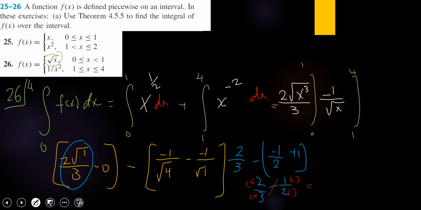So what did we have? 4 minus 3, 1 over 6. This will be now the final answer. Look at them now. Is it clear?